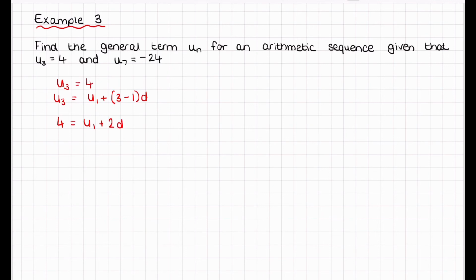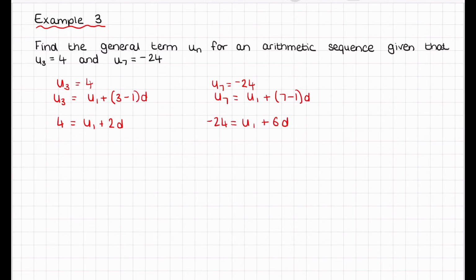Then we can do the same for u7. So that u7 equals negative 24, so u7 would equal u1 plus 7 minus 1 times d. And that negative 24 would equal u1 plus 6d. Now we have that, we've got two equations, we can solve them simultaneously. So you choose whichever method you would like.